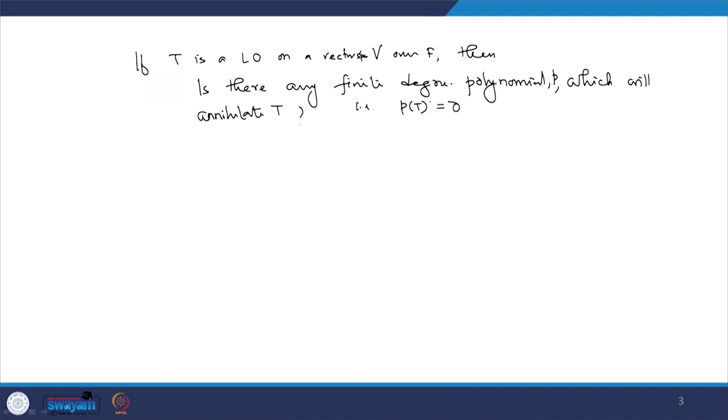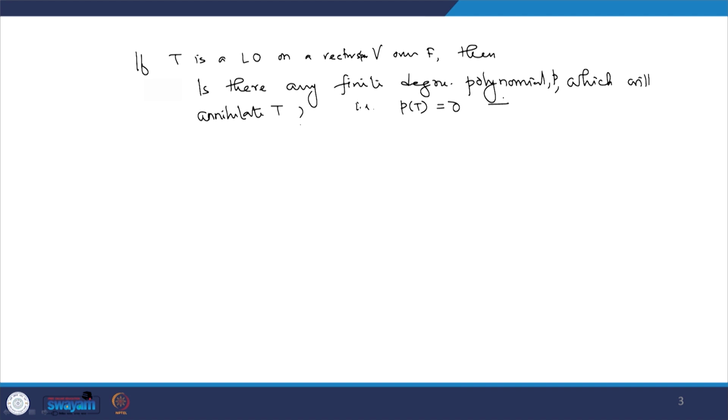That is the meaning of annihilating the operator T. Maybe it may not exist, we do not know, if the vector space is of infinite dimension.